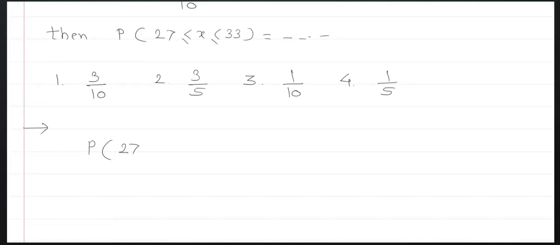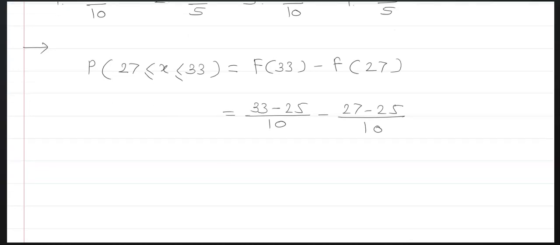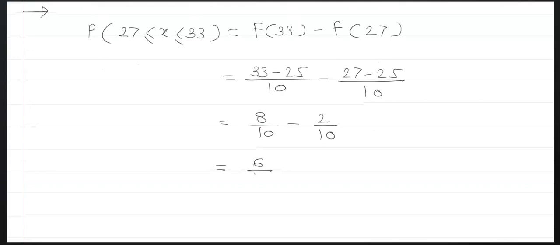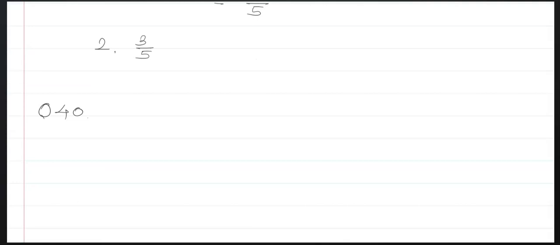Therefore, P of x lies between 27 and 33, f of 33 minus f of 27, and substitute the value in that function, then you will get 3 upon 5, that is equals to 3 upon 5.